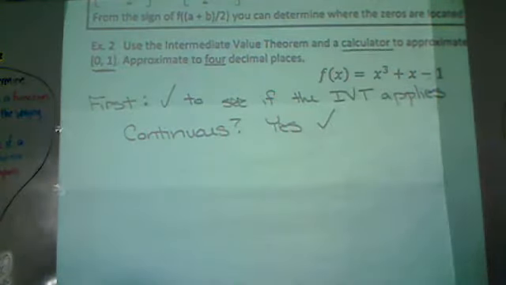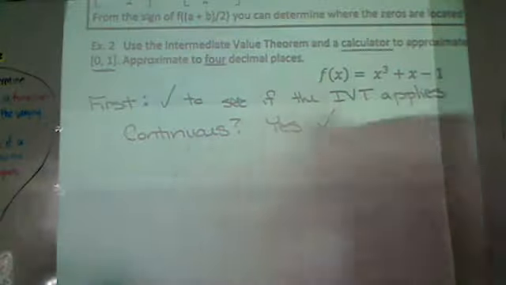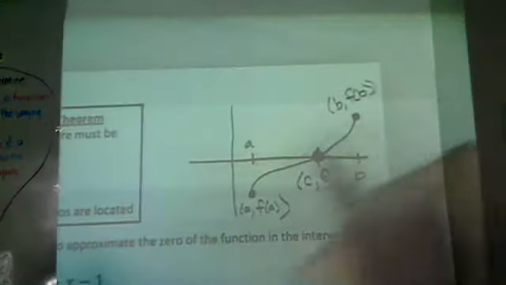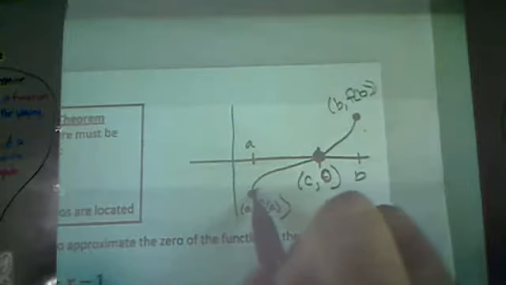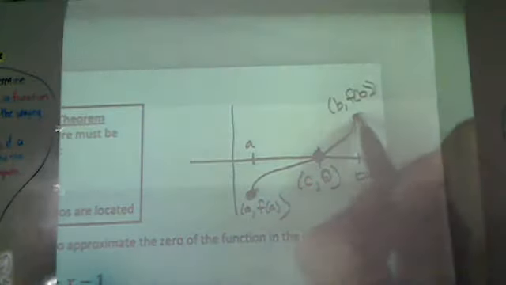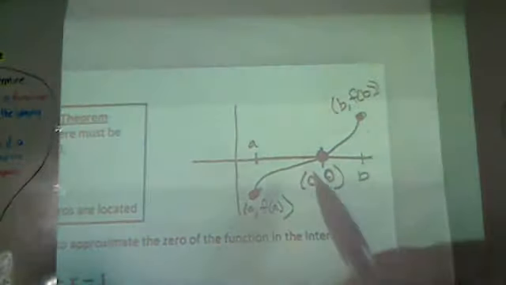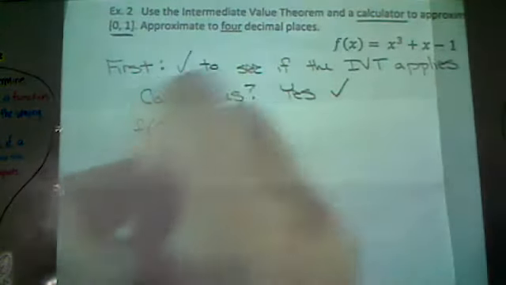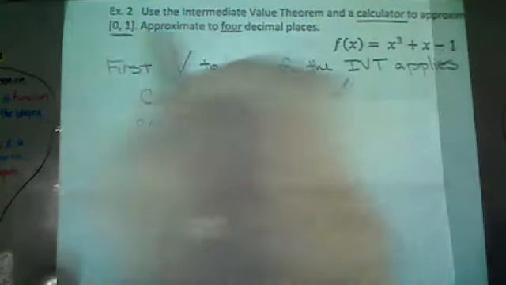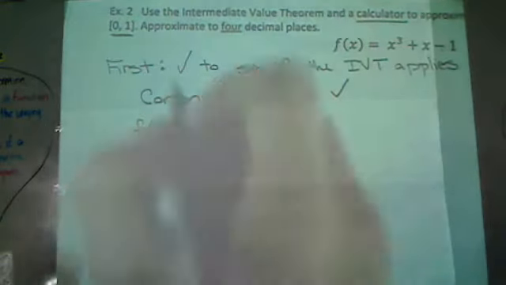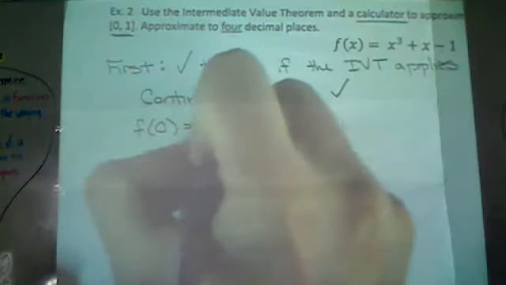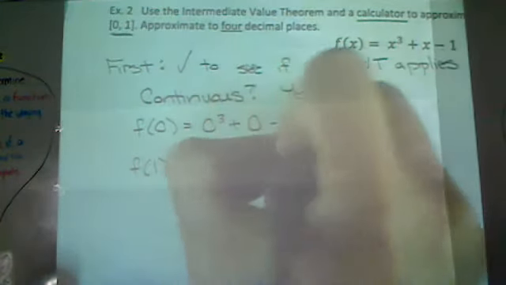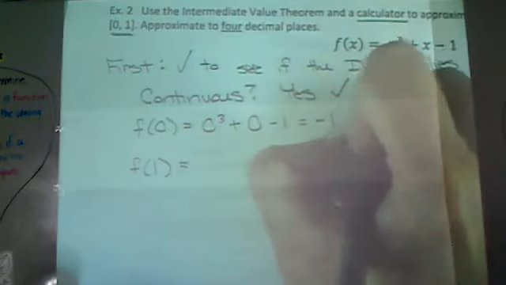And then we need to see if this is true. If our beginning point is negative and our ending point is positive, or vice versa. One has to be negative, one has to be positive in order for there to be a zero of the function. So we're going to plug in f of 0, because that's the beginning part of our interval, and we're also going to plug in f of 1, because that's the end part. When I plug this in, I find that I get negative 1, so that's negative.